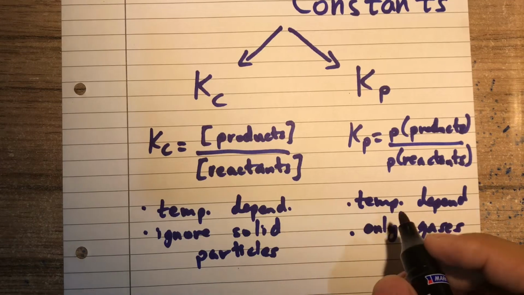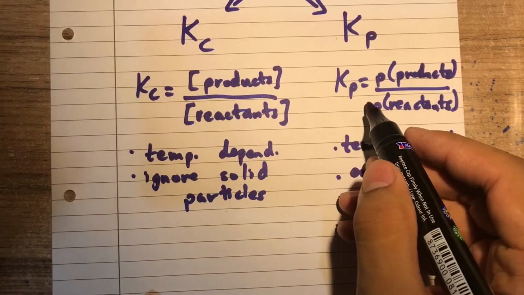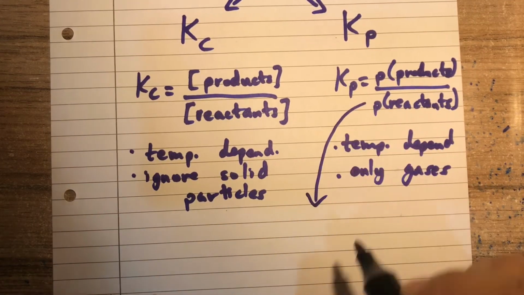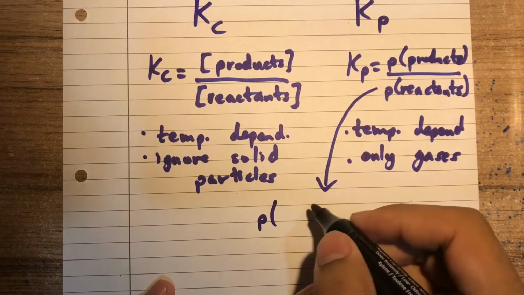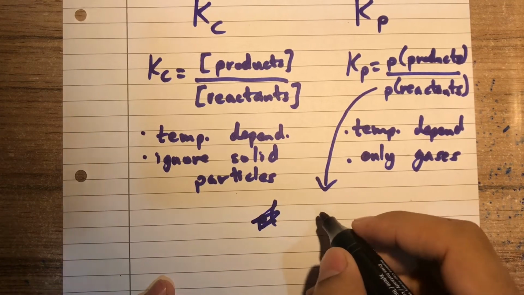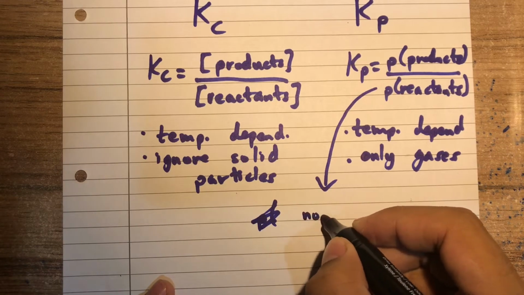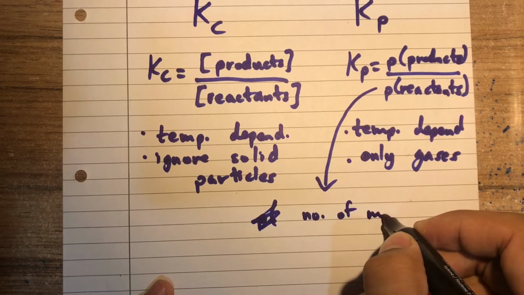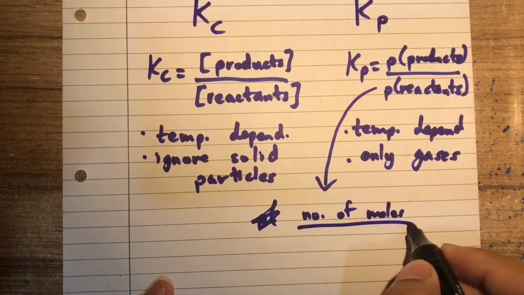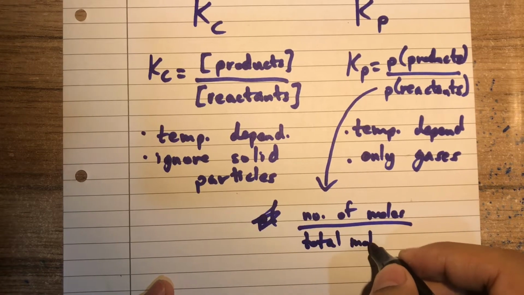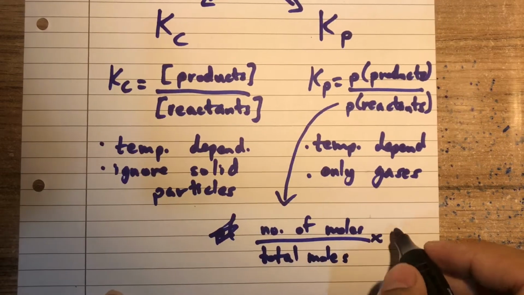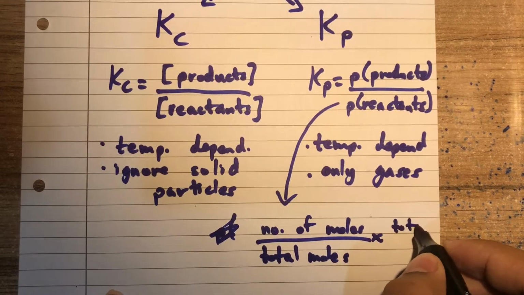One more thing that we'll discuss over here is what is the formula for partial pressure. Partial pressure of a compound is basically the number of moles of the compound upon total moles in the mixture or the system times the total pressure.